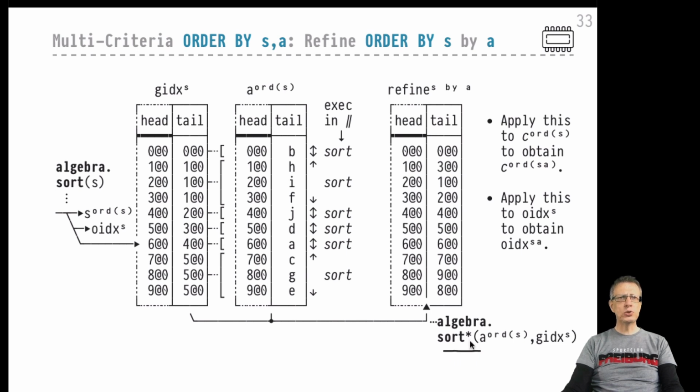I've called it algebra.sort star here. It's indeed a variant of the algebra.sort operation in MAL that can receive more than one input. It receives the input BAT to be sorted, and it also receives the group index that contains the refinement information. So it's a variant of algebra.sort that receives two BAT arguments.